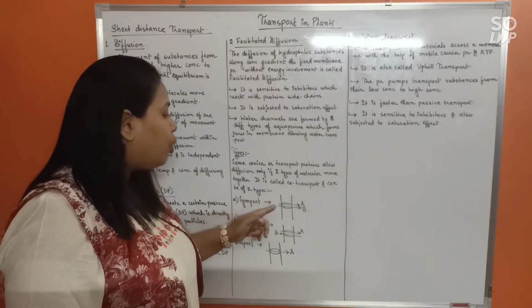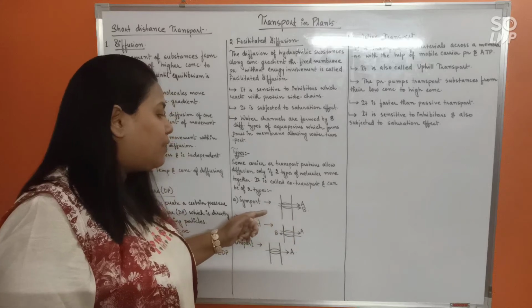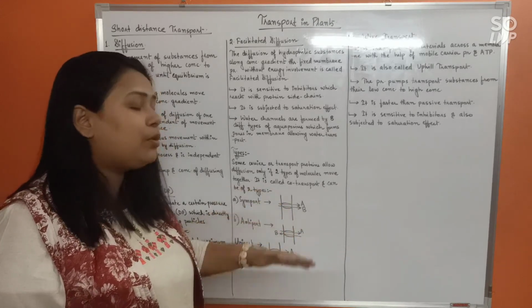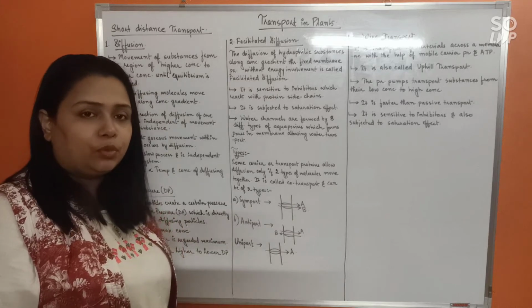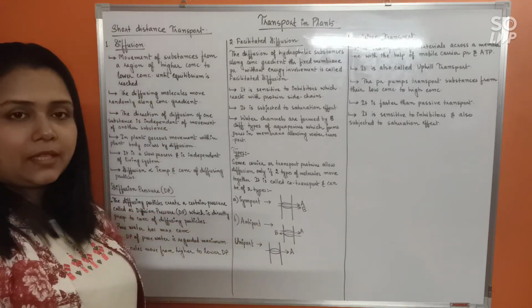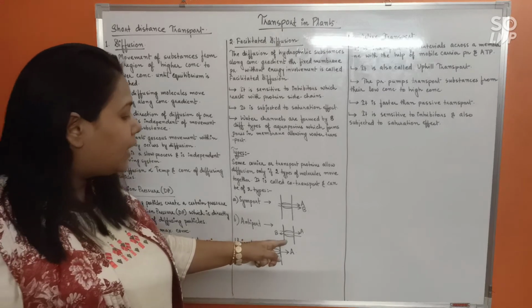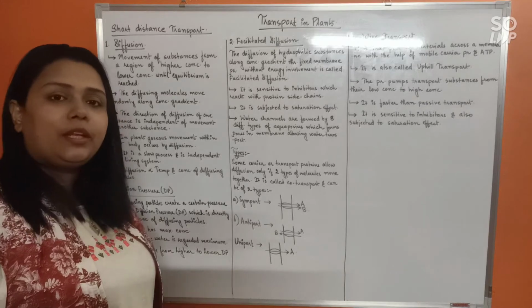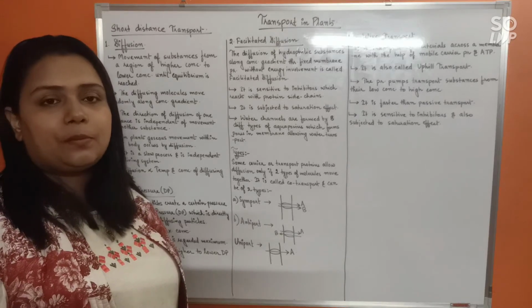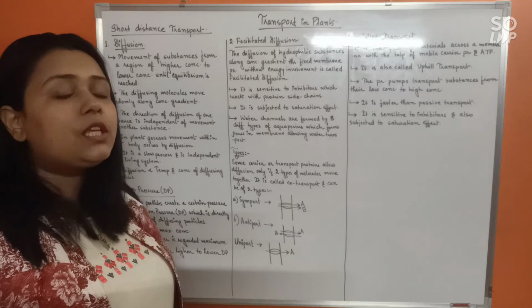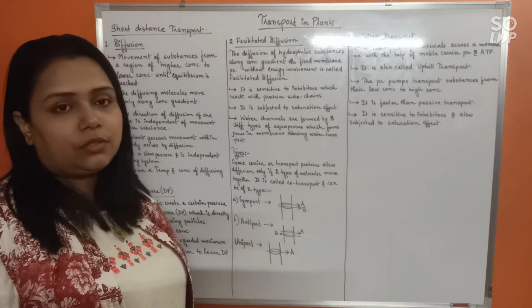Symport: if both the substances are carried by the carrier protein in the same direction, we call it symport. In case the carrier protein is taking the two substances in opposite directions, then we call it antiport. And in case the carrier protein is carrying a single molecule independent of the direction of movement of other molecules, we call it uniport.